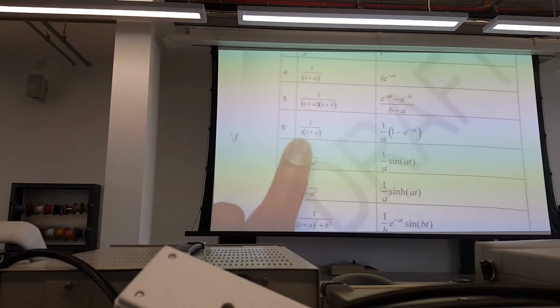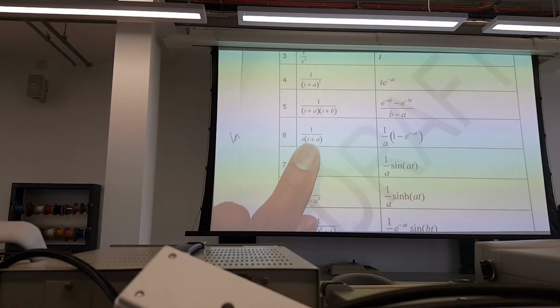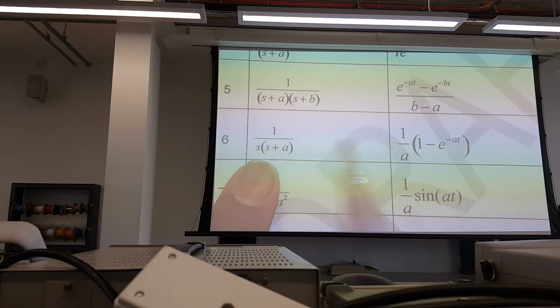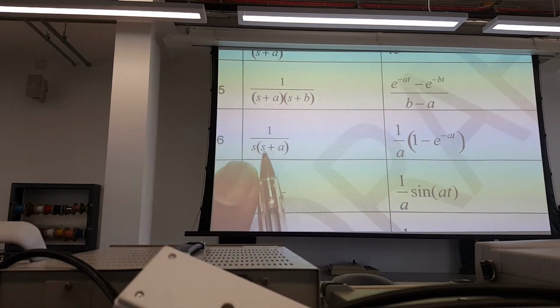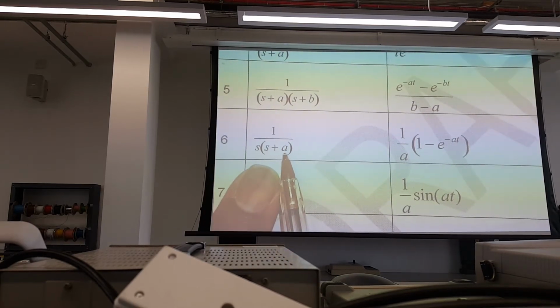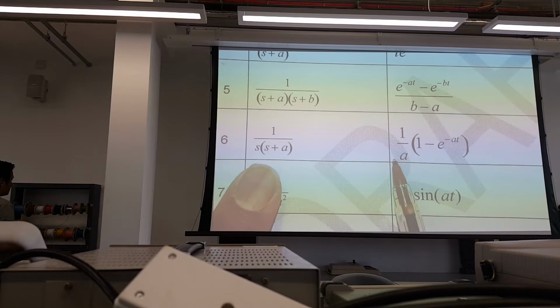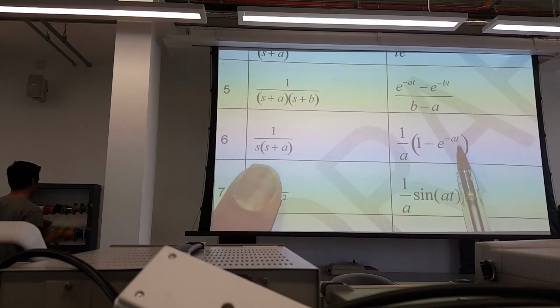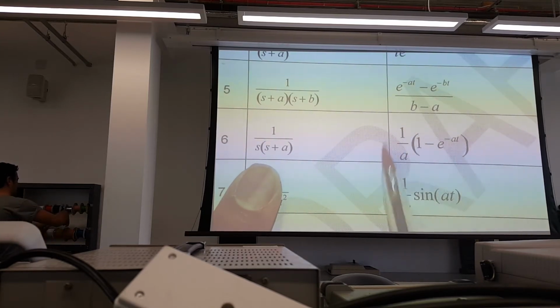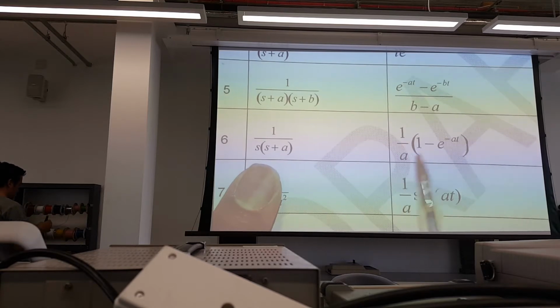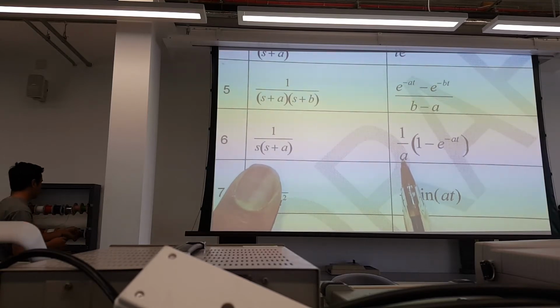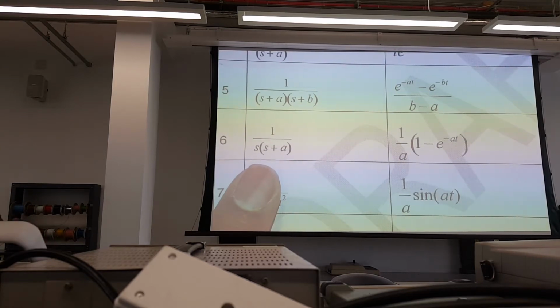You see that one? Let's look at it. That's 1 upon S into S plus A, and of course our A is 1 upon RC. So we have 1 upon A into 1 minus e to the minus At. But don't forget that A is 1 upon RC.